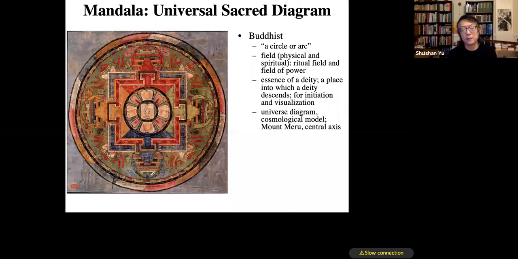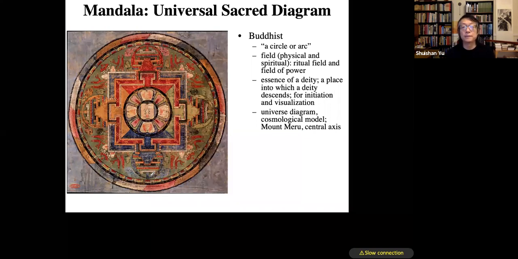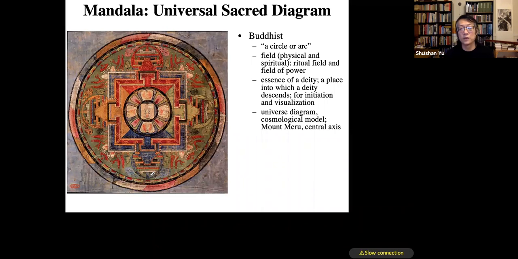So this is the mandala, and today the most famous mandala is from the Tibetan world. In Tibetan Buddhism, mandala represent a field, both physical and spiritual, and it represents the essence of a deity, a place into which a deity descends.